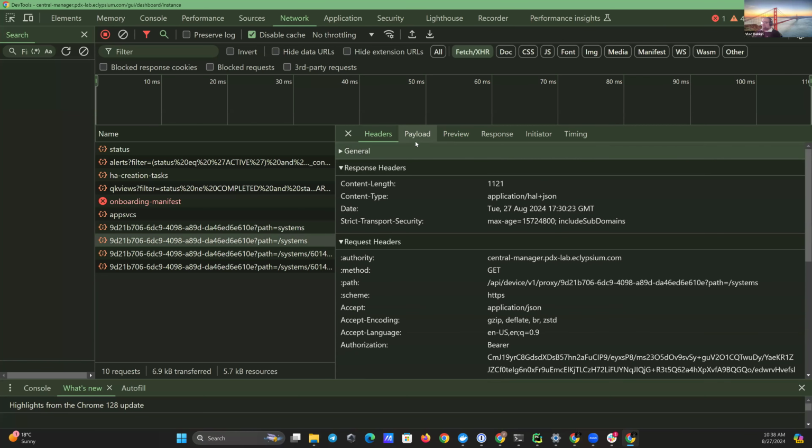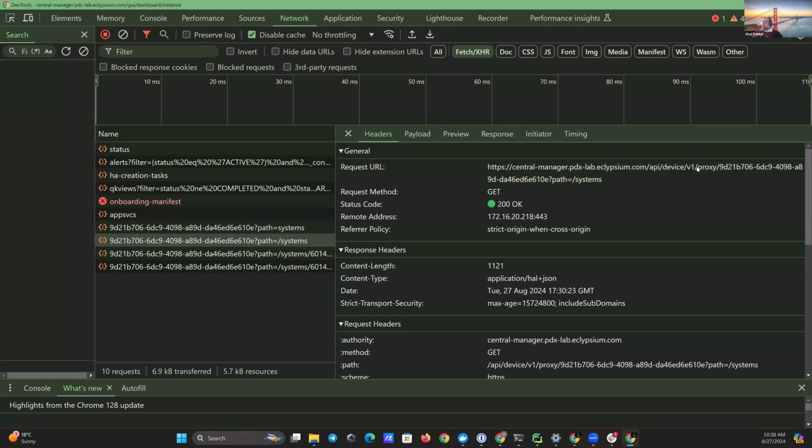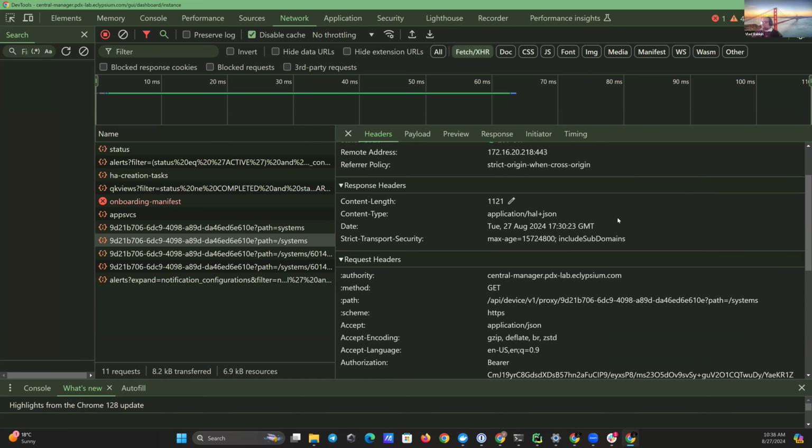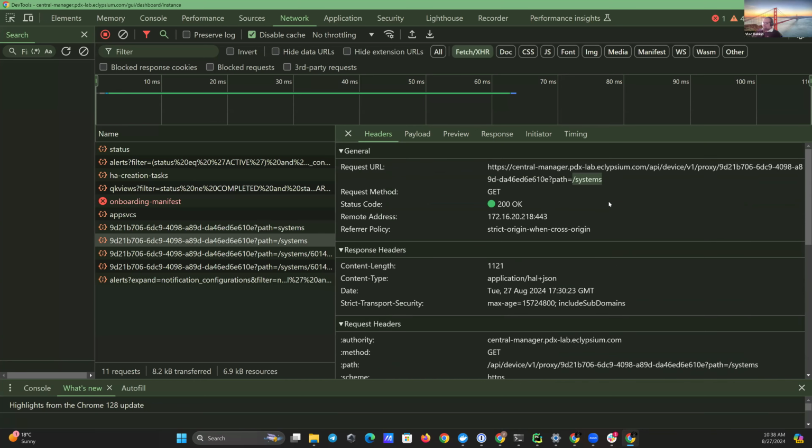You are just doing an IP device v1 proxy, and you pass a path on the device, which is /systems, right? So this starts to look suspicious pretty darn quickly. We were just talking about SSRF being a potential surface, and you take a look at the device and see, oh hey, it does some proxying into the device by using a path that the user defines.